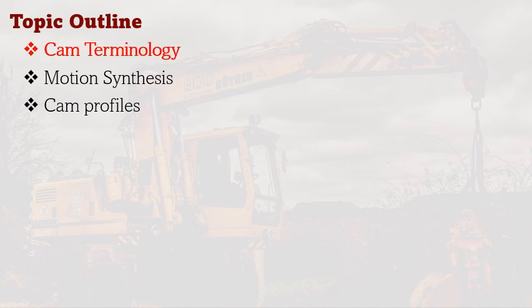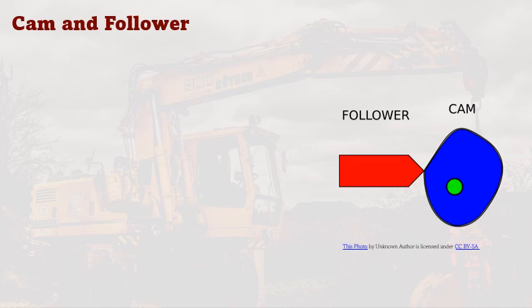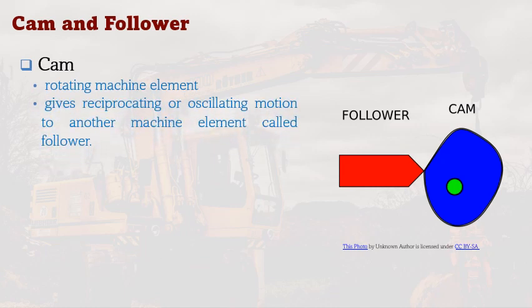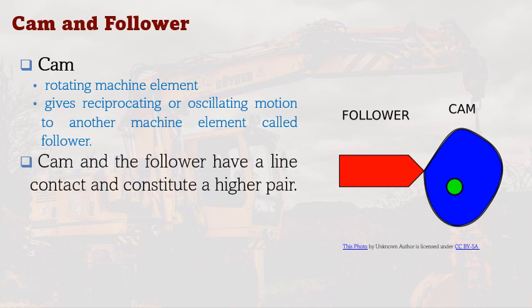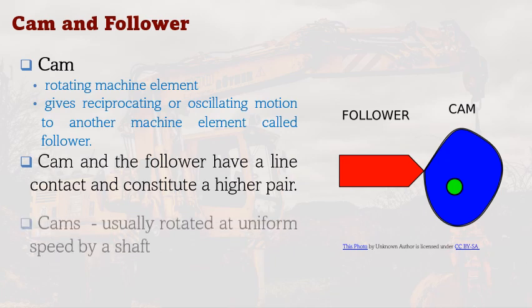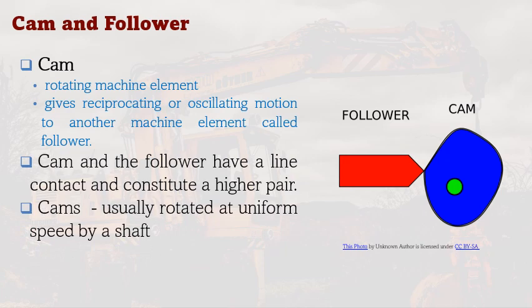So let's start first with the various cam terminology. A cam is a rotating element which gives reciprocating or oscillating motion to another element known as the follower. Cam and the follower have line contact and constitute a higher pair. Cams are usually rotated at uniform speed by a shaft while the follower motion is predetermined and will be according to the shape of the cam.